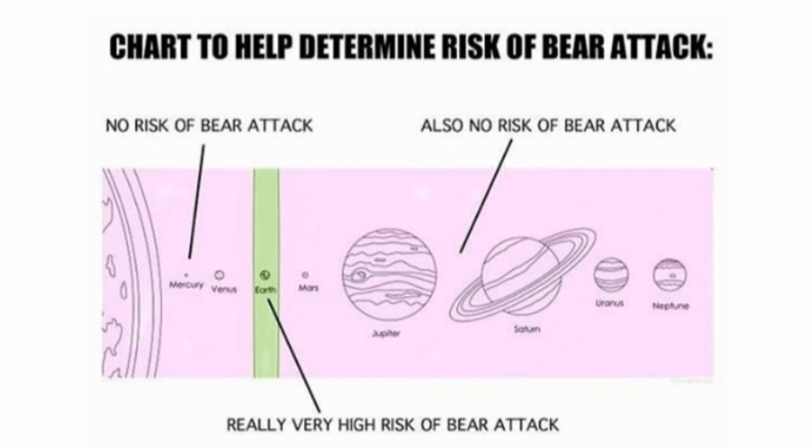As an example here, this is a fun image I came across last year. A chart to help determine risk of bear attack. This is a terrible model of bear attack risk, and yet from a certain point of view, it's 99% accurate. It's just not very specific.